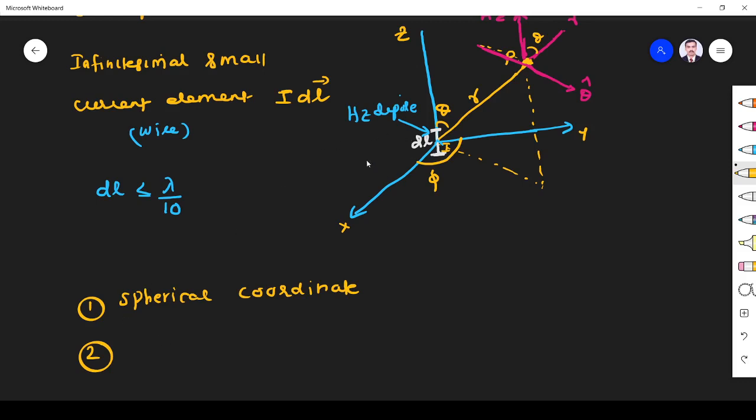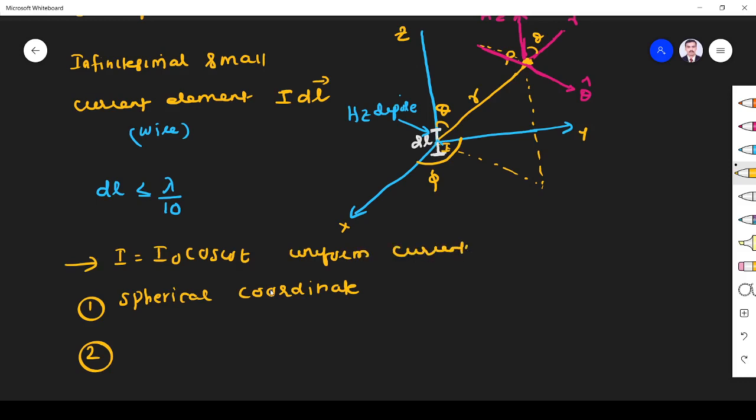Let us assume that our antenna is located at the origin and it carries a uniform current of I equals I naught cos omega t. All through this dipole, the current flowing is uniform.